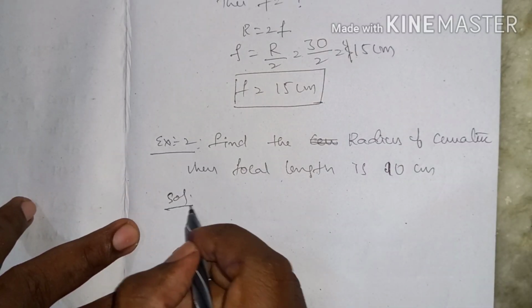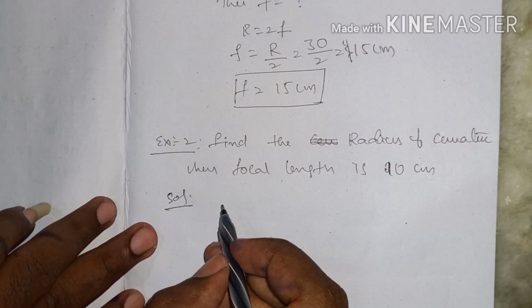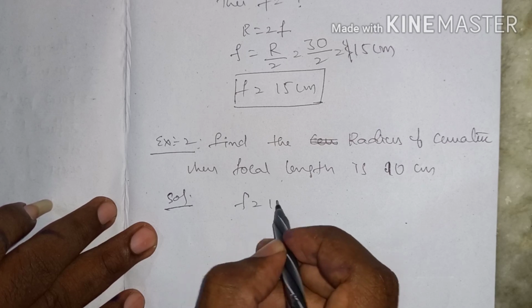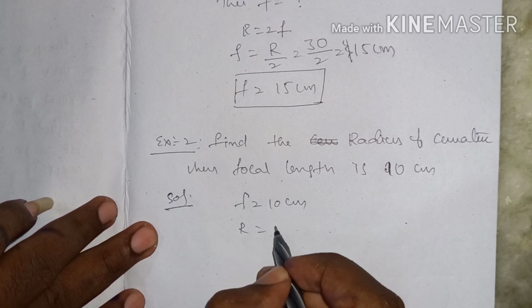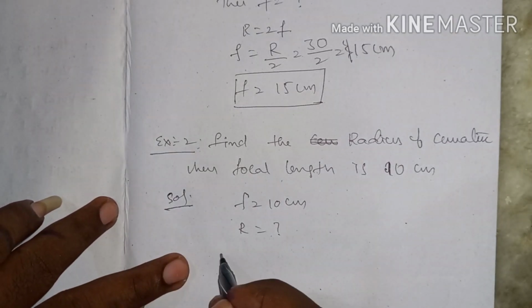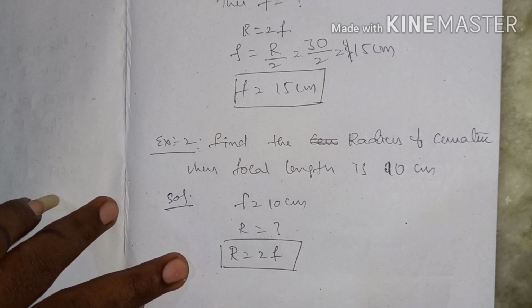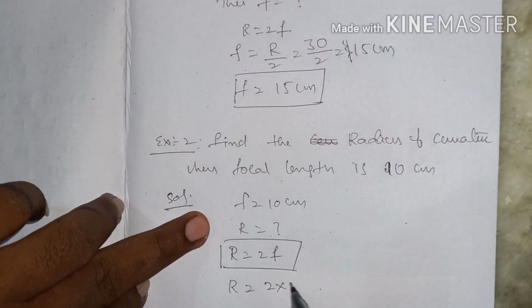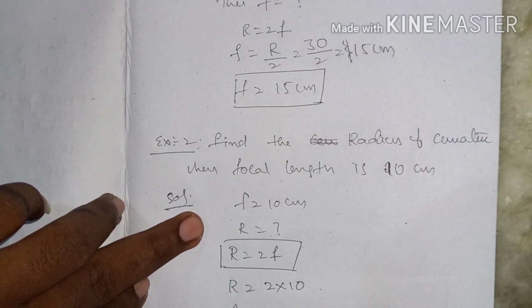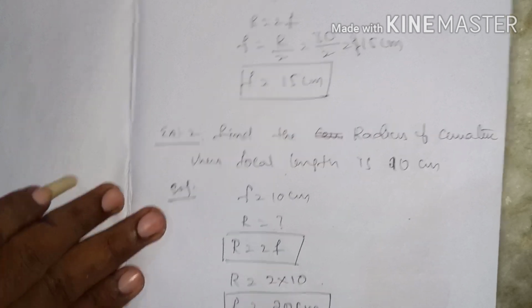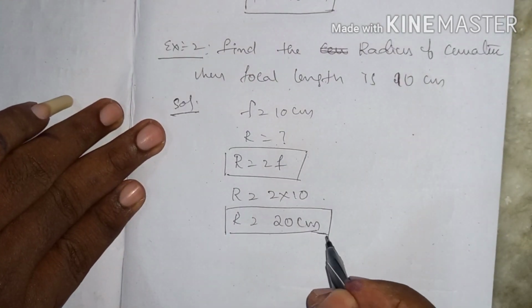Solution: focal length is 10 centimeters, so f is 10 centimeters. Find R. The formula is R is equal to 2f, so R is equal to 2 into f, f is 10, so R is equal to 20 centimeters. Like this you can easily calculate the solutions.